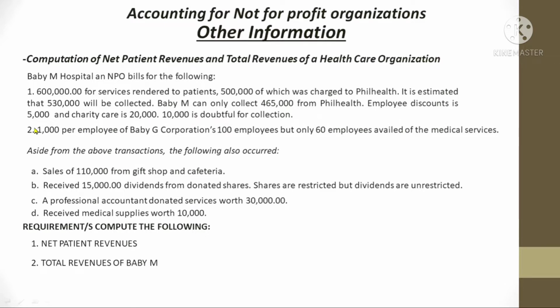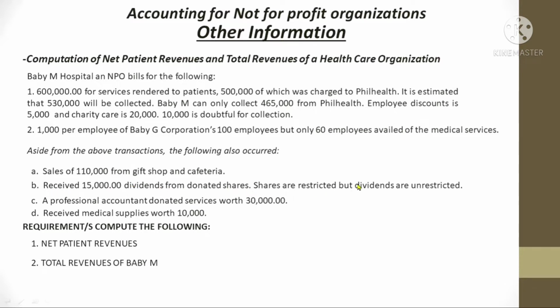And number 2, BBM also billed 1,000 per employee of BBG's corporations, 100 employees, but only 60 employees availed of the medical services. And aside from the above transactions, the following also occurred. Sales of 110,000 from gift shop and cafeteria happened, and BBM also received 15,000 dividends from donated shares.